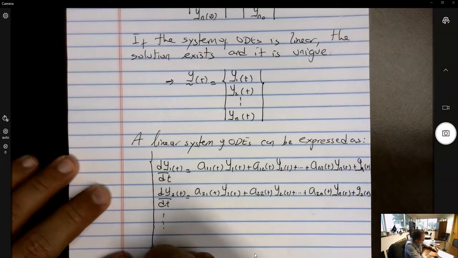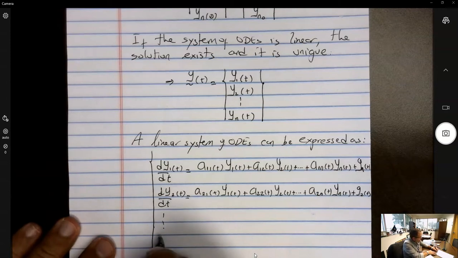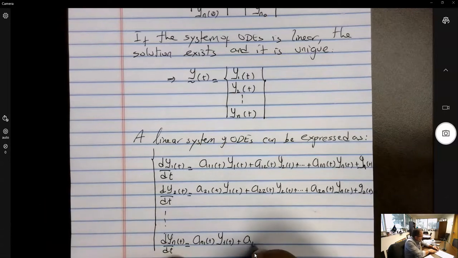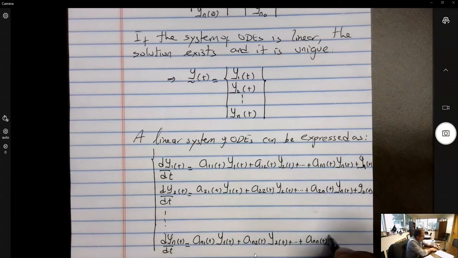All the way to the nth equation. We have these down here, dy and dt, and yn is also a function of time. an1 of t, y1 of t, an2 of t, y2 of t, plus ann of t, yn of t, plus gn of t.